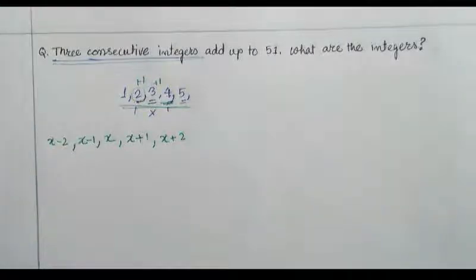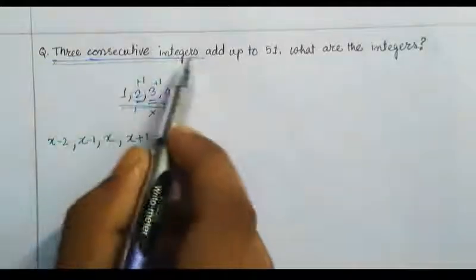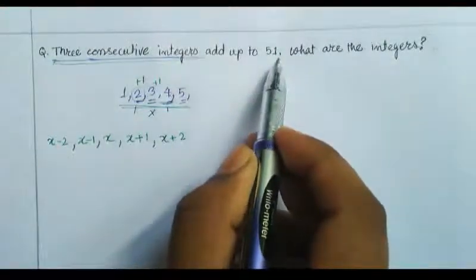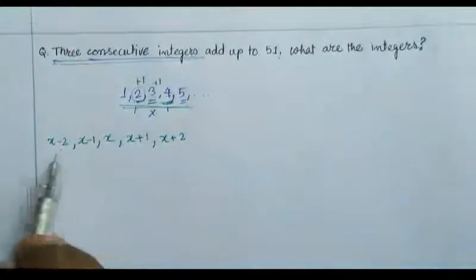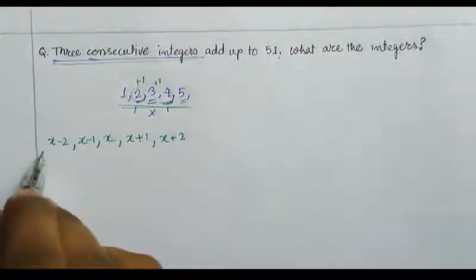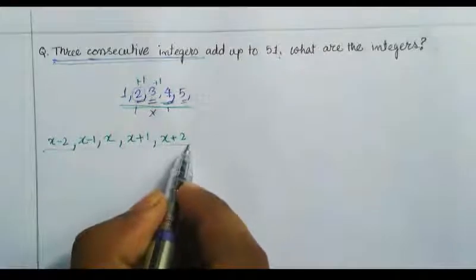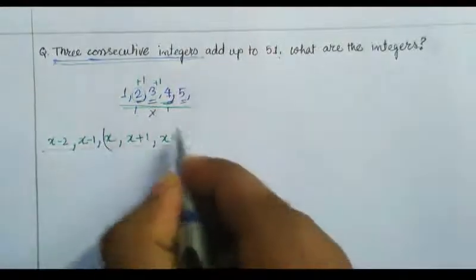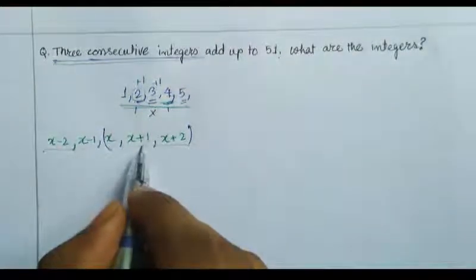The problem says that three consecutive integers add up to 51. Now we can take any three of these terms here. Let us take these three: x, x plus 1 and x plus 2.